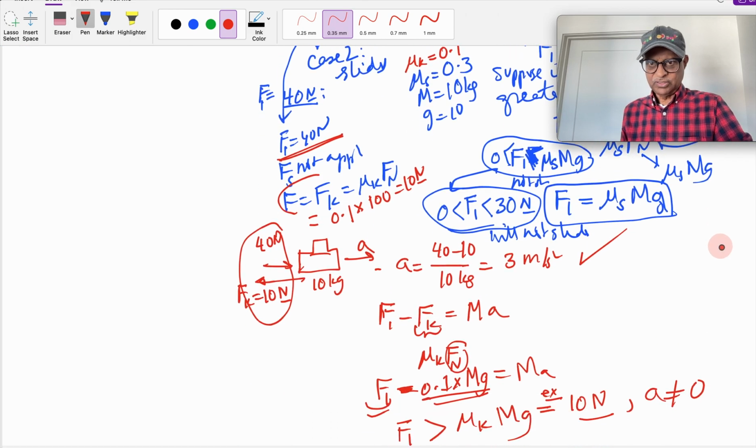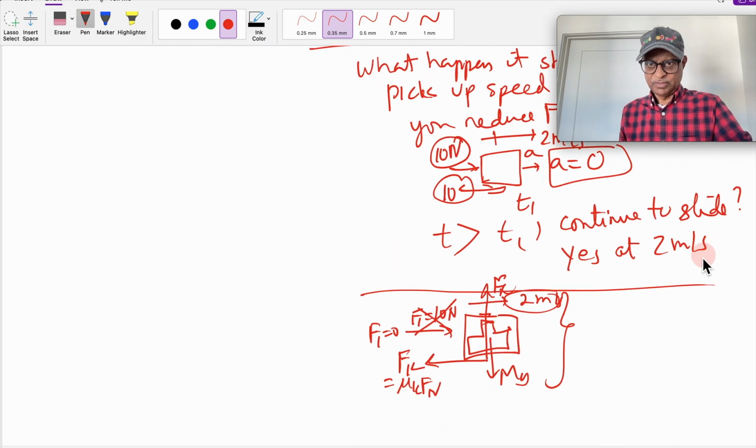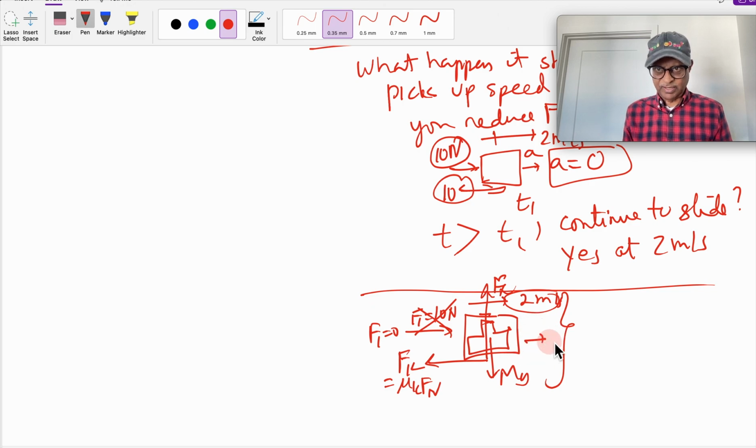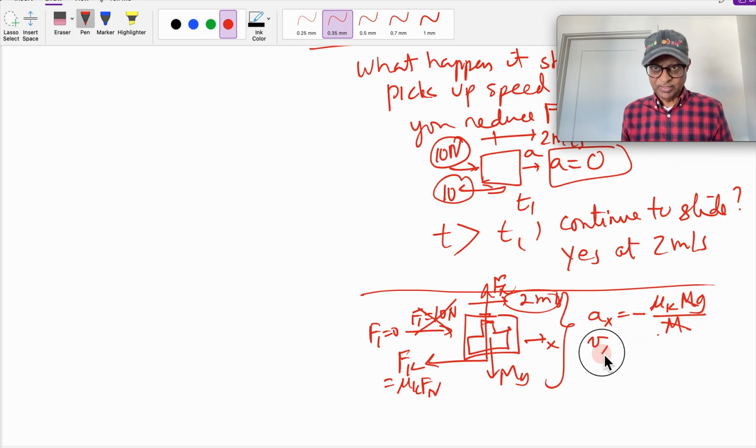So this is the x direction. The acceleration ax becomes minus mu k mg over m, and vx is 2 meters per second. So 0.1 times 10 is minus 1 meter per second squared.